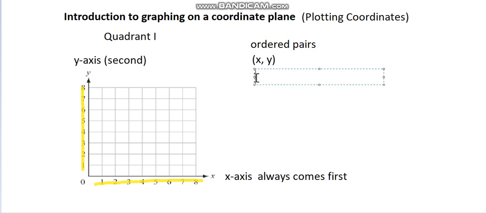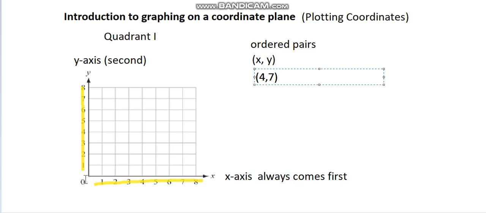So let's just say I wanted to first plot 4 and 7. To successfully do that, I would first need to make sure that I'm going to look along my x-axis because, like I mentioned before, the x-axis always comes first in an ordered pair.